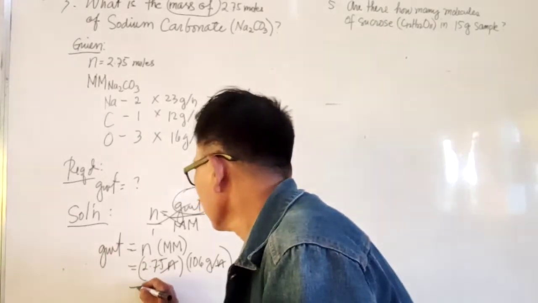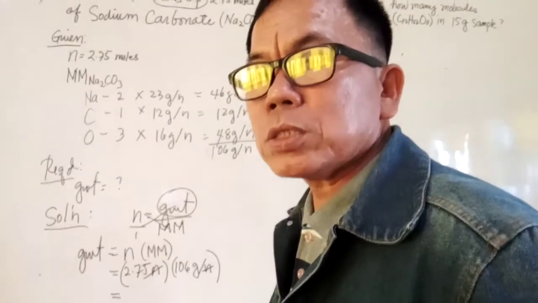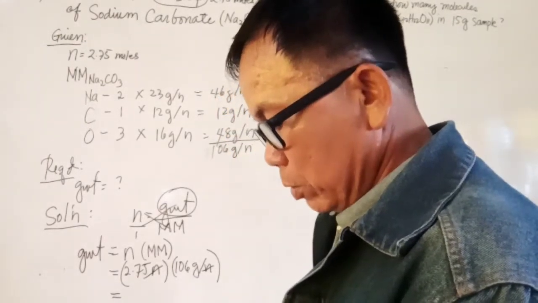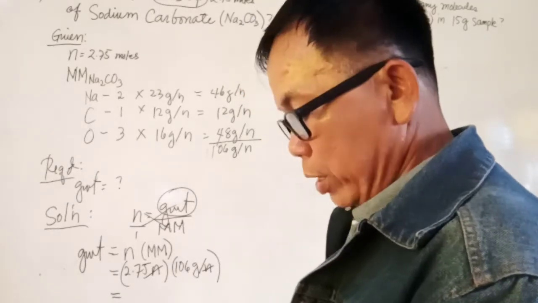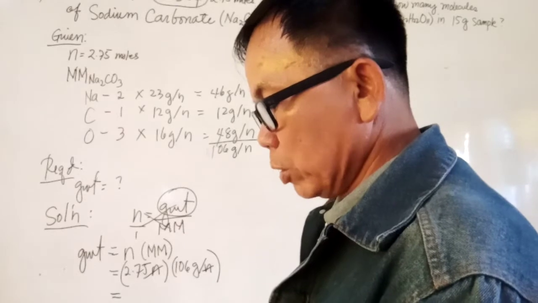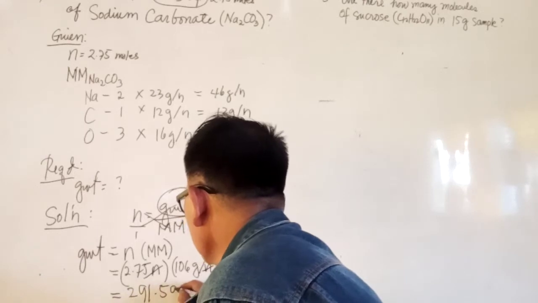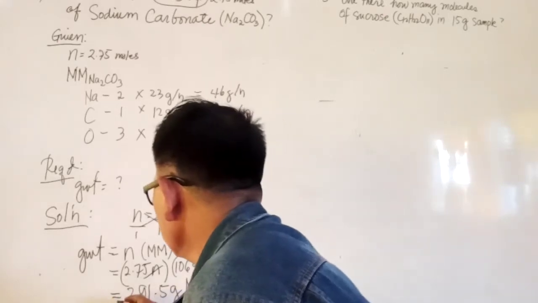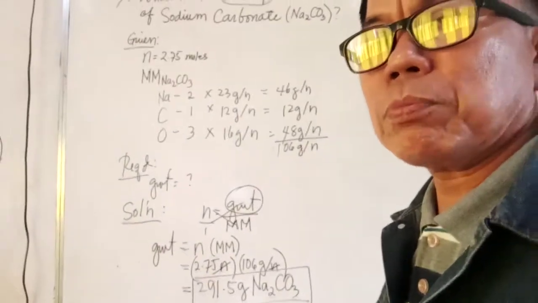So the weight of sodium carbonate is 2.75 times 106 grams, and it gives you 291.5 grams of sodium carbonate. So this is now the answer to that problem.